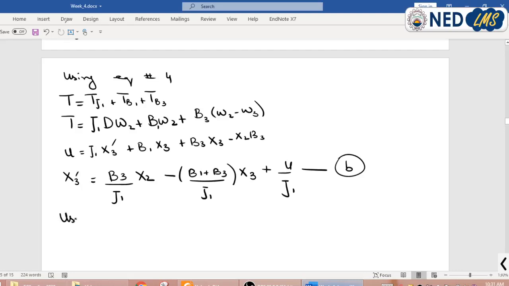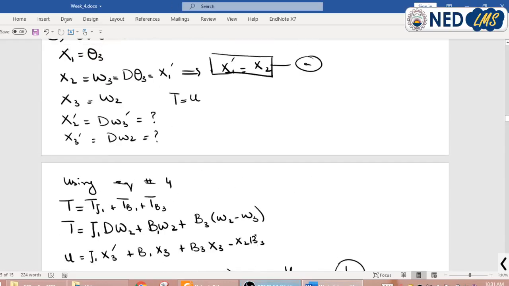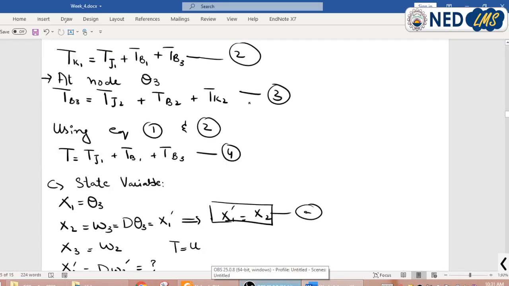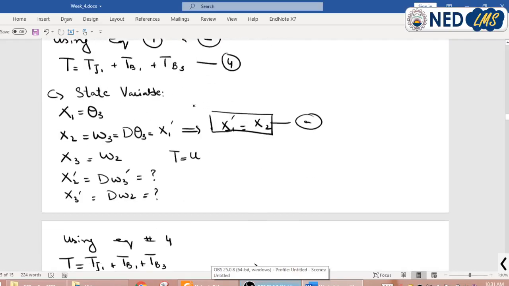So using equation number 3, torque of B3 is equal to torque of J2 plus torque of K2 plus torque of B2. Let's see this equation. Torque of B3 is torque of J2, B2 and K2.